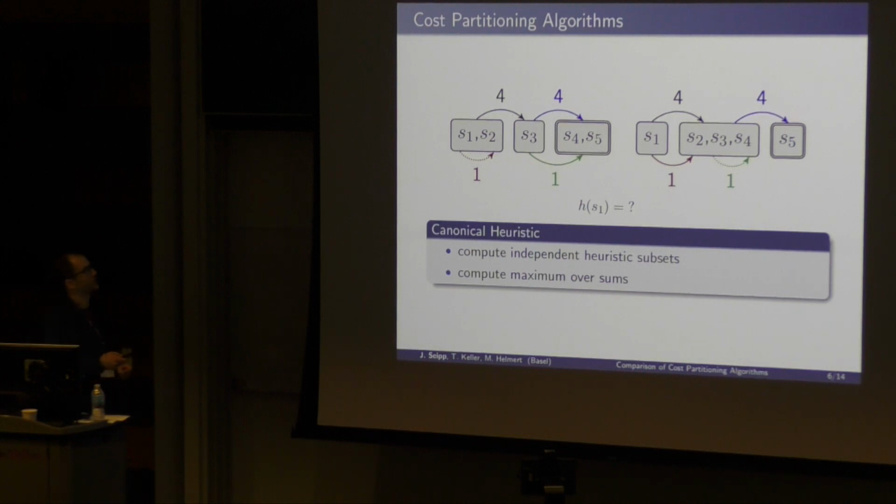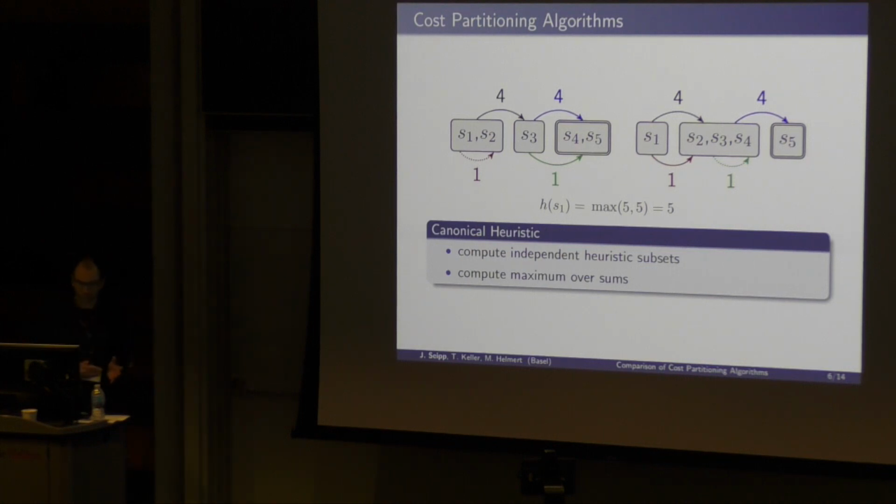And we already saw in this example here that there are 2 operators that are relevant in both abstractions. So the independent subsets are just singleton subsets of the first and the second heuristic, which means we maximize over the individual estimates, giving us an estimate of 5.